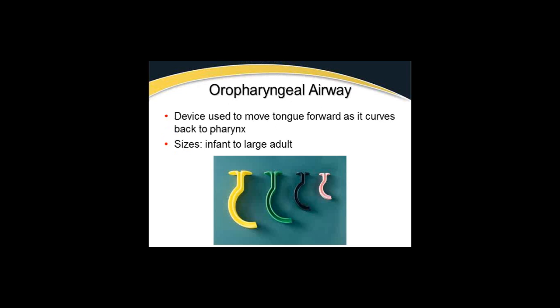So here's an oropharyngeal airway. These devices are used to move the tongue forward as it curves back to the pharynx. They are sized from neonate to large adults, so some of them are as small as about 20 millimeters in length from tip to flange, and that is less than about an inch long.